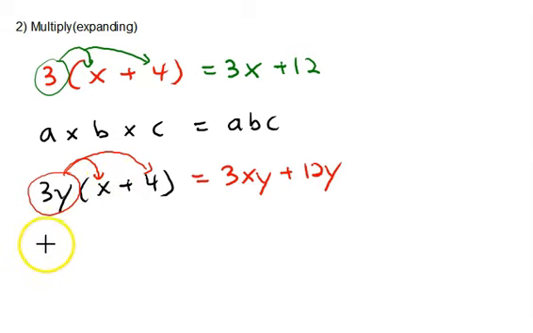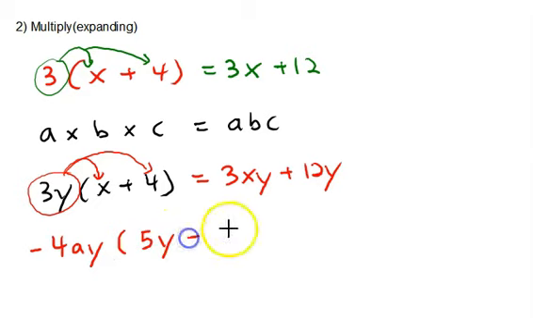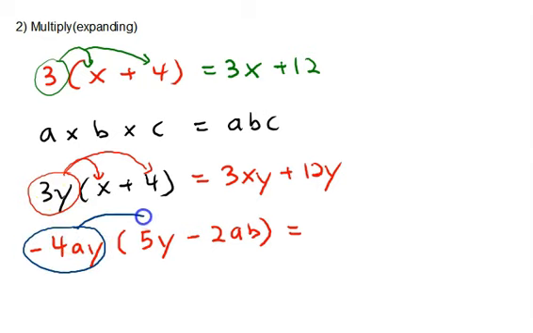Okay, now let us go a little bit harder by adding negative numbers. So example, negative 4a y multiplied with 5y minus 2ab. Okay, I'm going to make it a little bit harder. So if you look at it here, this part, this one will be multiplying with 5y.